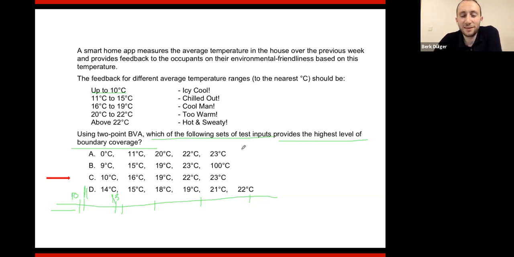It is C. All the numbers are test cases for boundaries. There are, of course, more than 5. As I remember, there are 8 boundaries to cover, but this option C covers 5 of them. None of the other options cover such high rate.